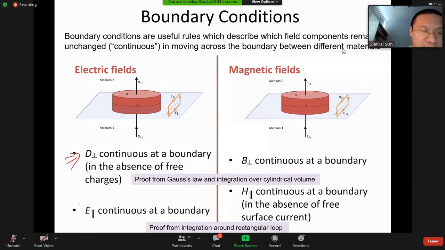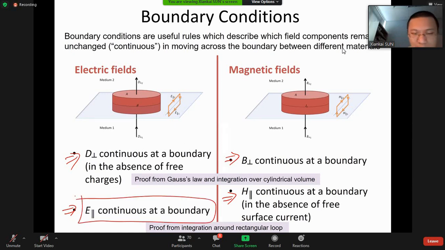The perpendicular component of D is continuous. Parallel component of E is continuous. Perpendicular component of B is continuous. And parallel component of H is continuous. Alright, to derive that relationship, we just need these two conditions. So in that case, there's no surface current.